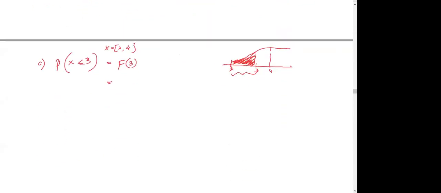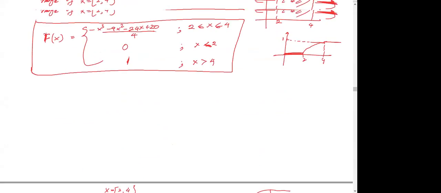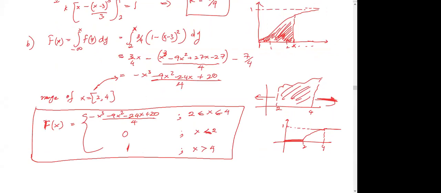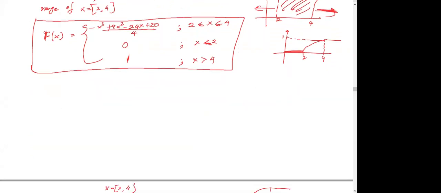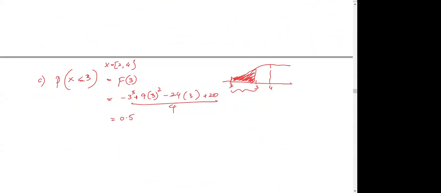So it is negative 3 cubed plus 9 times 3 to the power 2 minus 24 times 3 plus 20, divided by 4. Oh, sorry, this is going to be plus, plus, plus. So this minus becomes plus. Sorry about that. It's just plus. This becomes 0.5.